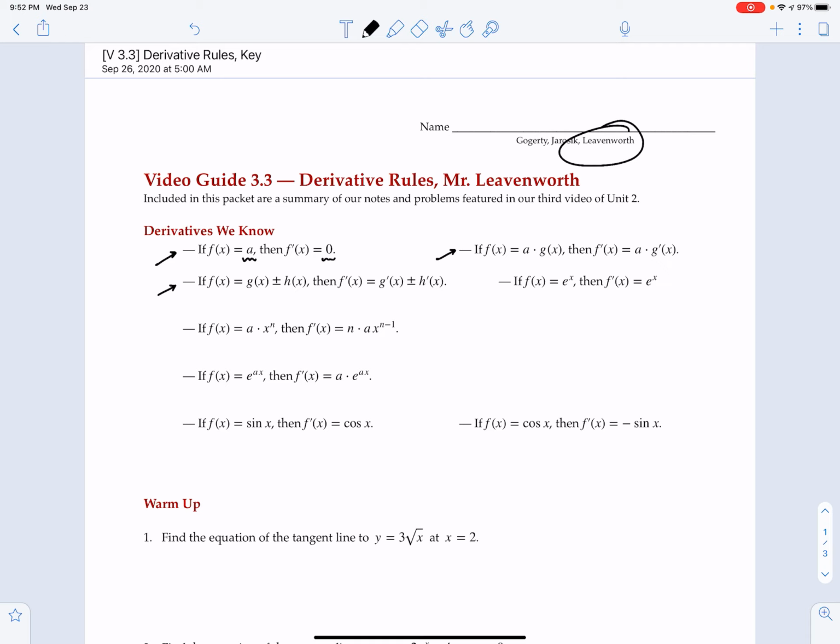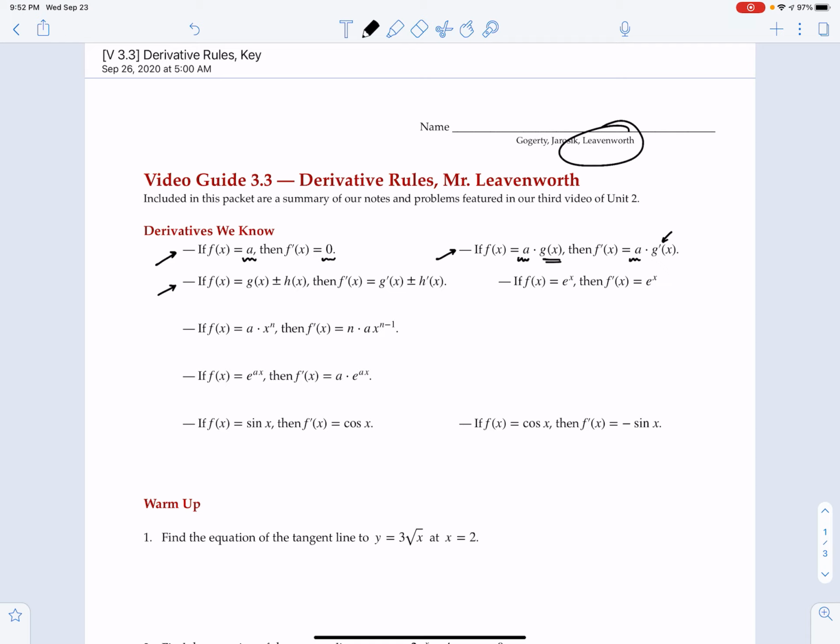That one's self-explanatory. The second and third ones are more intuitive than self-explanatory, but just like with limits, if we have a constant multiplied by a function, when we take the derivative, the derivative is just that same constant multiplied by the derivative of that function.